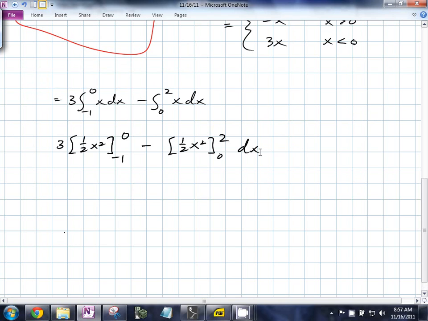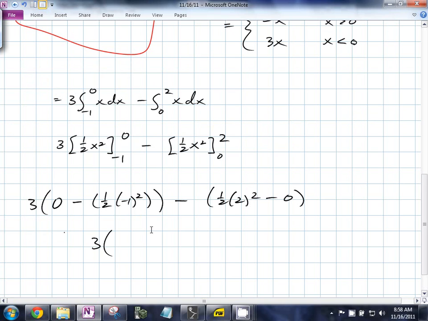So this is going to be 3 times 0 minus 1/2 times -1 squared, minus 1/2 times 2 squared minus 0. So what's that? 3 times what? -1/2, yep. Minus what? 2. So what's that come out to be? It's -3/2 minus 2, which is what? Is that exactly what we got up here? Yeah. Yay, it's the exact same thing.